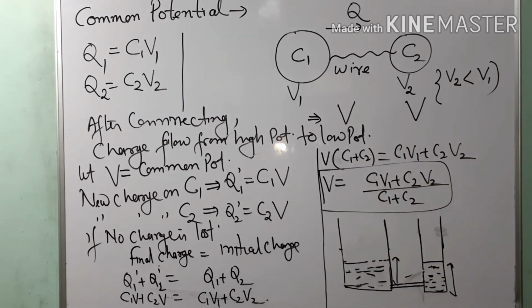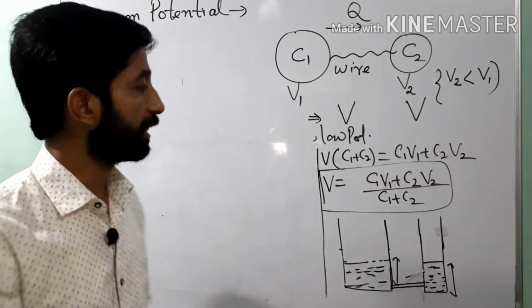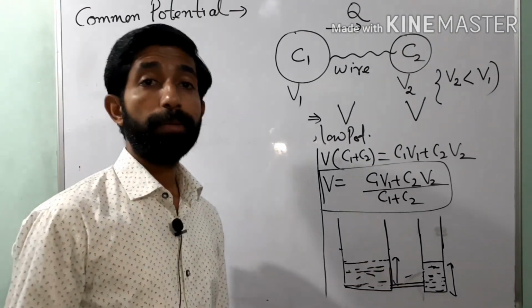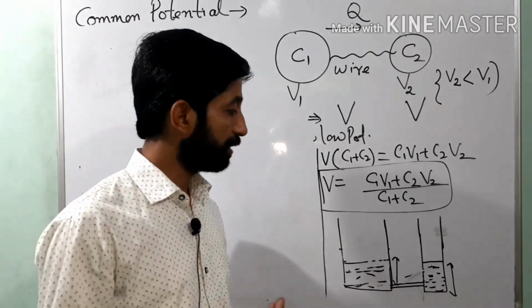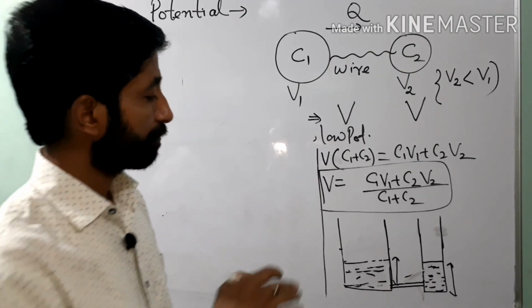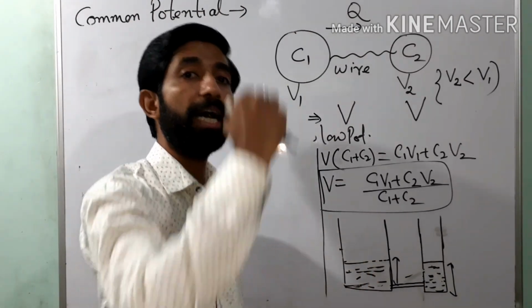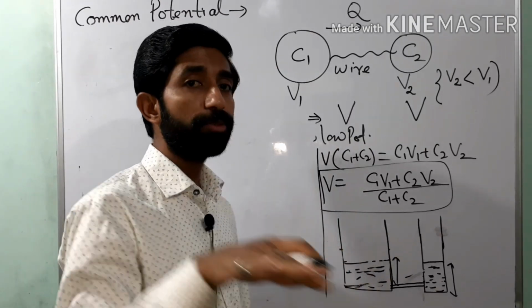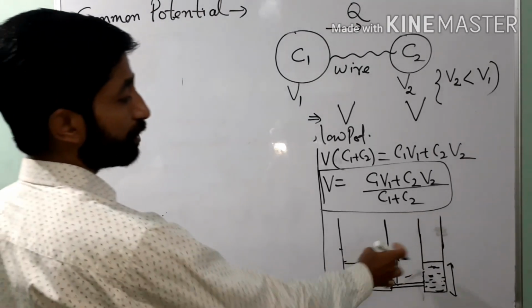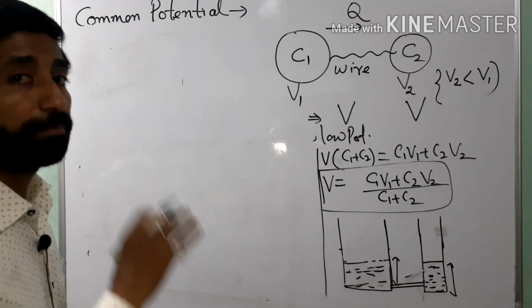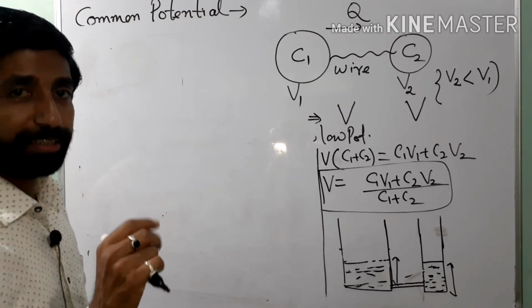So if two containers having different capacities and containing different amounts of liquid are connected through a pipe, then liquid flows from the container having liquid at the higher level, and finally it reaches an equal level. That is, when the height of the liquid becomes equal in both containers, the liquid does not flow.